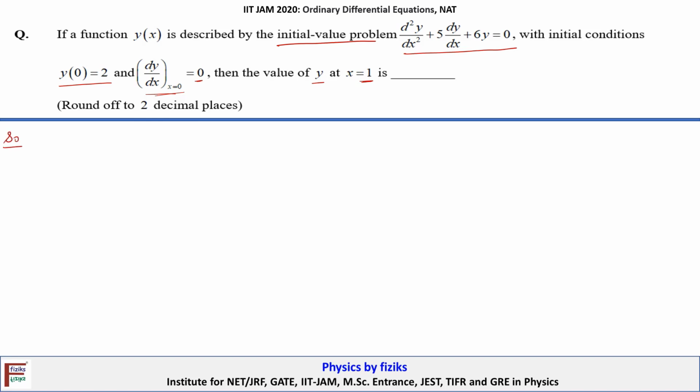Here the differential equation given to us is d²y/dx² + 5 dy/dx + 6y = 0.